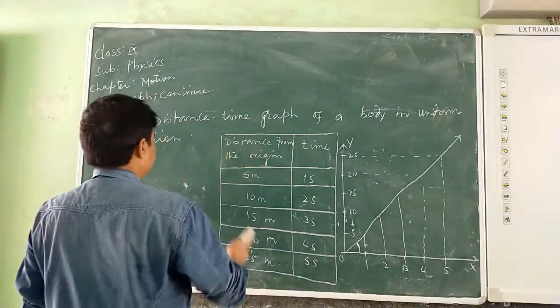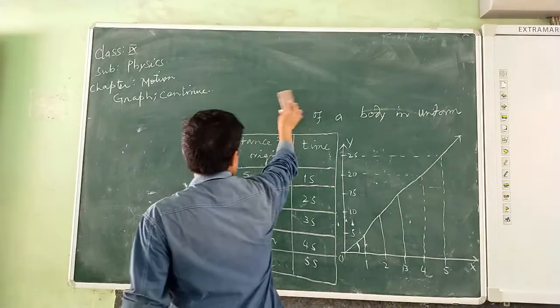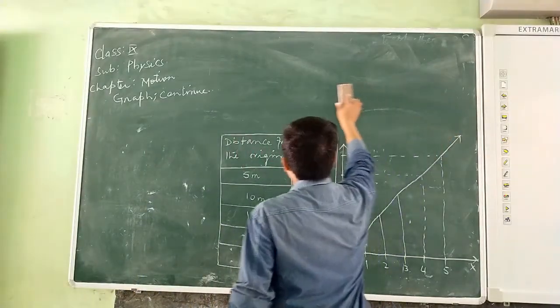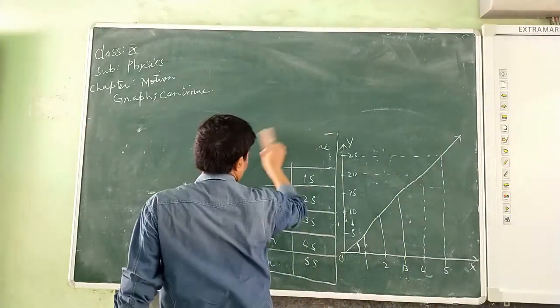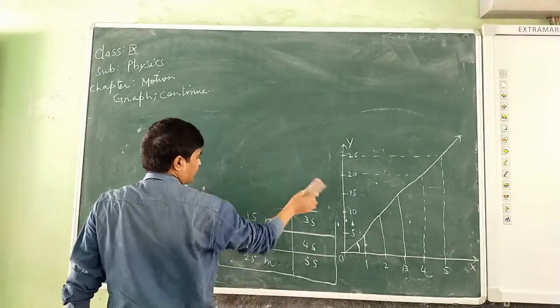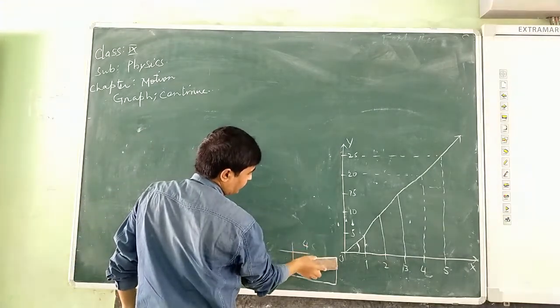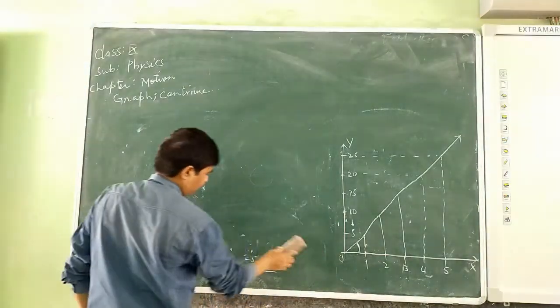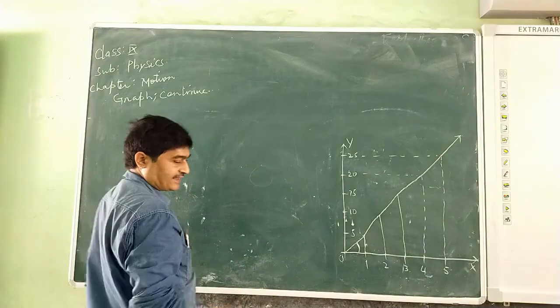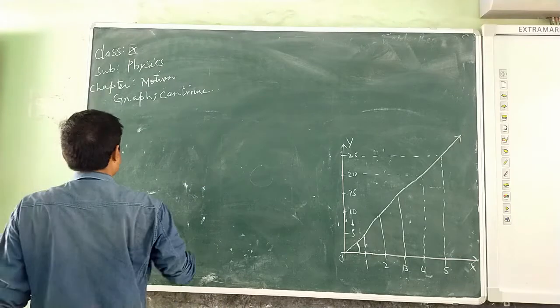Now we will define the slope and show how the distance time graph of a body in uniform motion is a straight line inclined at an angle with the x-axis.